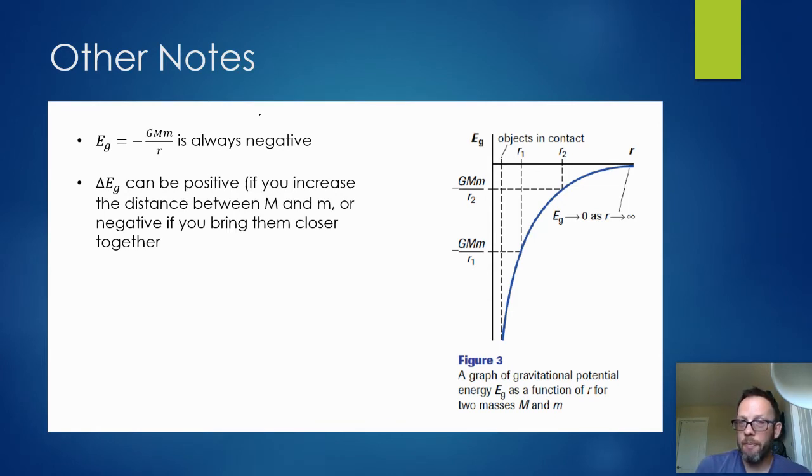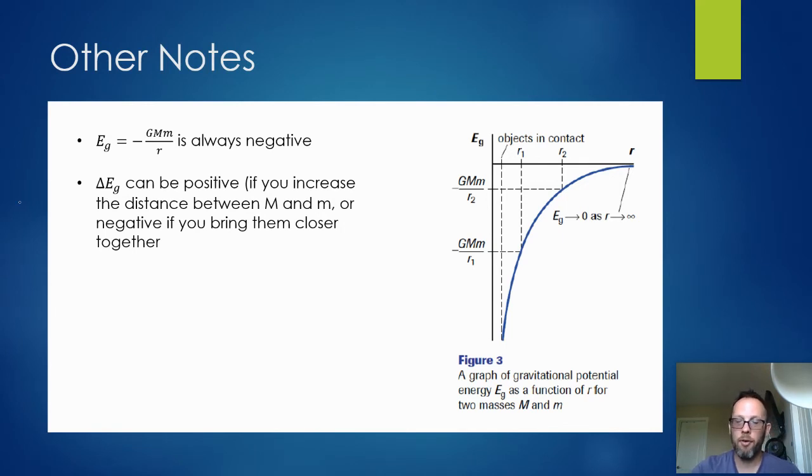Now, EG is always negative, but a change in gravitational potential energy can be positive. So if we're increasing the distance between two things, just like lifting something off the Earth, we're storing energy, and that change is positive. But if you bring two things closer together, you are removing energy from that system.